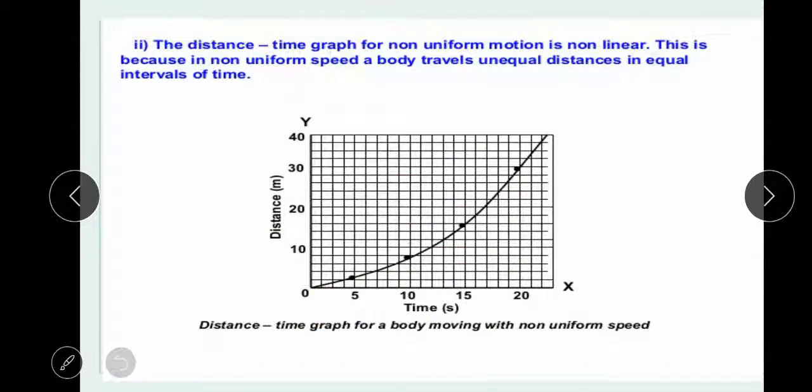Now if you have to represent a graph for non-uniform motion in the distance time graph, you can put it simply like this.